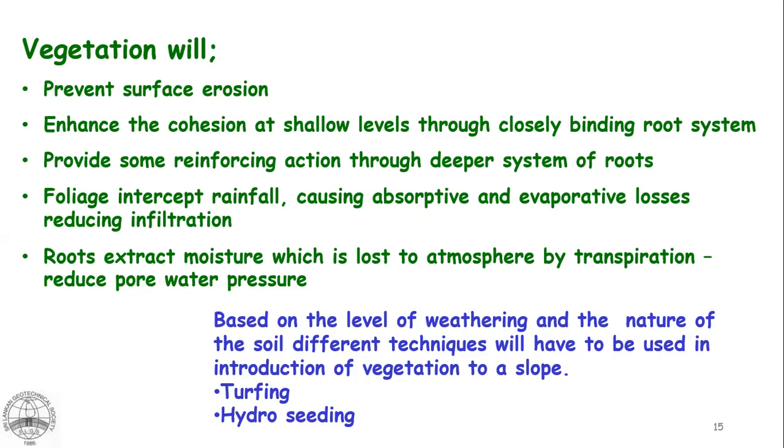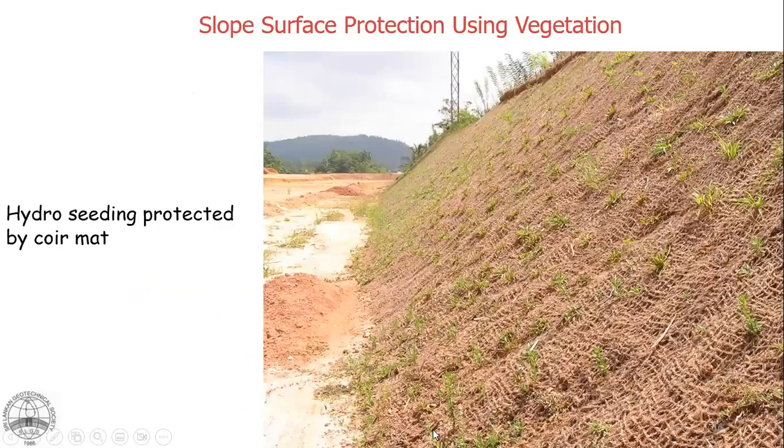If it is highly weathered, surface vegetation can be introduced by turfing, or if it is much less weathered but still a residual soil, you can use the hydroseeding technique. This is the hydroseeding technique, where you spray a mixture of topsoil, seeds, and fertilizer onto the slope surface.